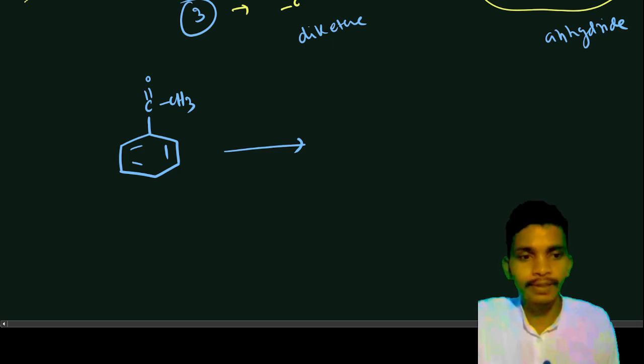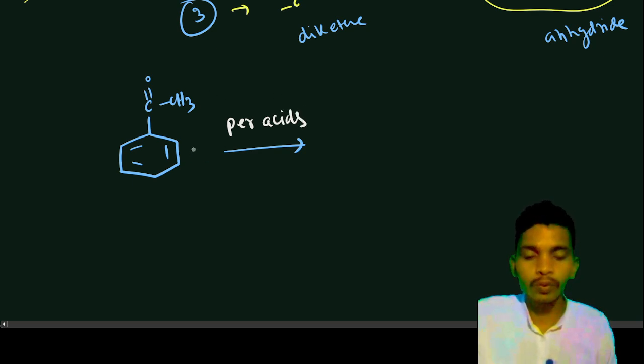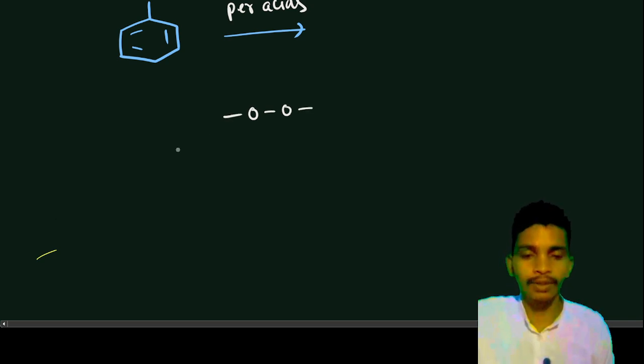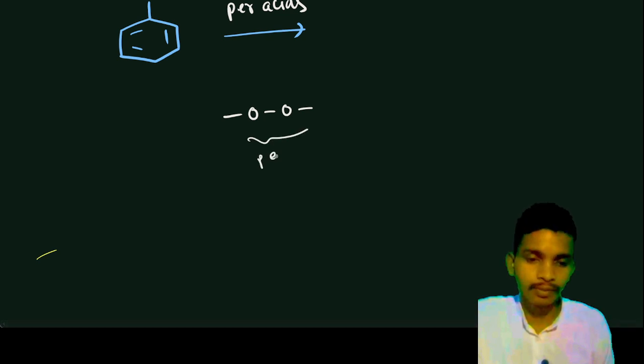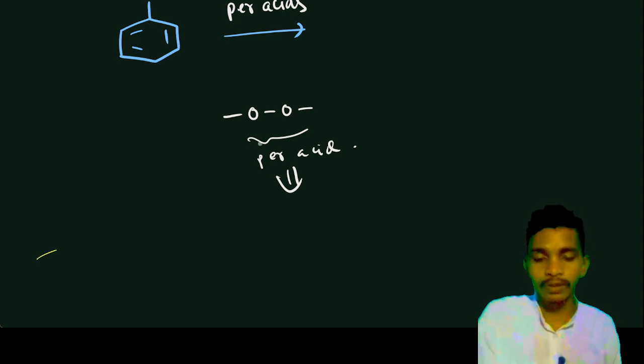What is the reagent for this conversion? The reagent is a peroxide. This is very important. Peroxide means this O-O group is there. So what peroxides are used in the Baeyer-Villiger oxidation?